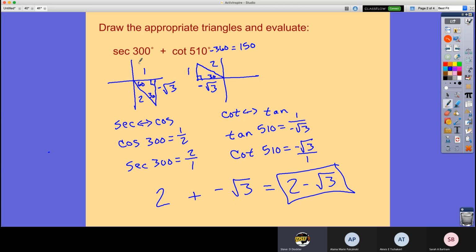Same thing for secant of 300. Secant works with cosine. Cosine's 1 over 2. That means secant is 2 over 1. I understand there's quite a bit of steps written down there, but once you get used to it, you're going to start skipping a lot of those steps, which is totally fine. Any questions there?